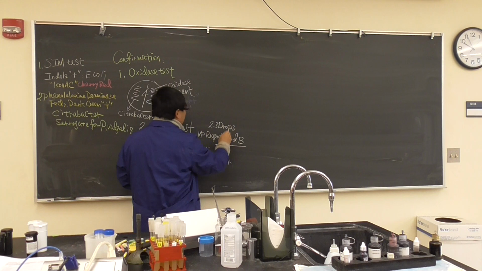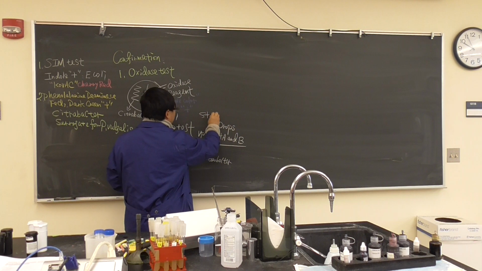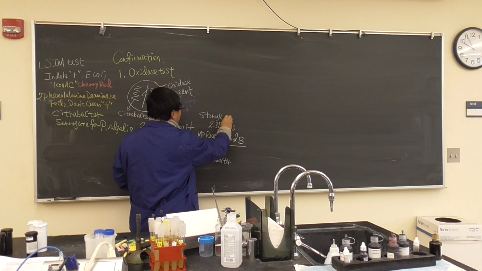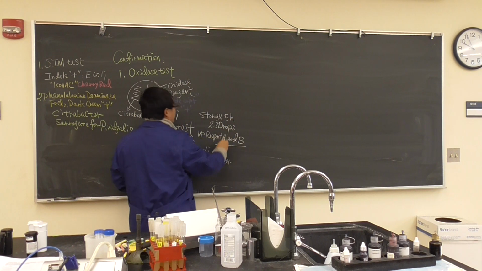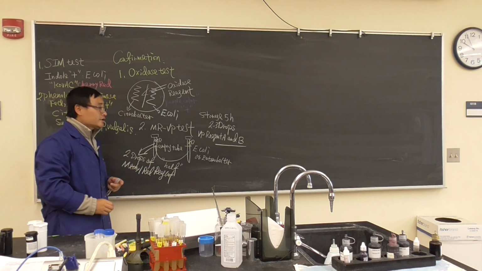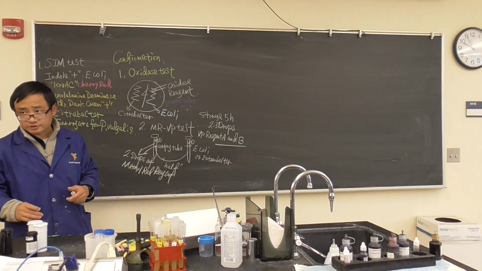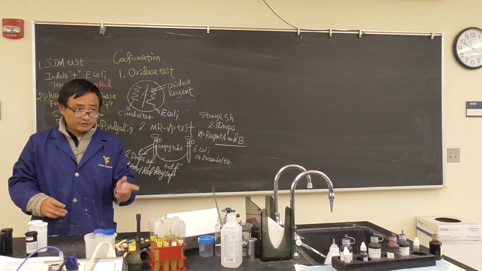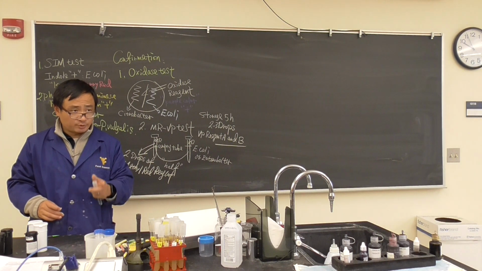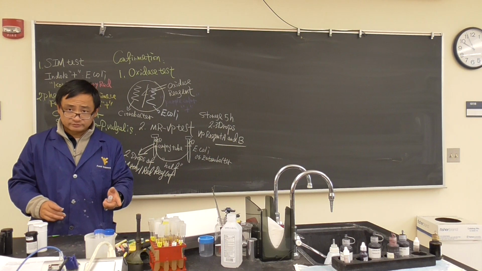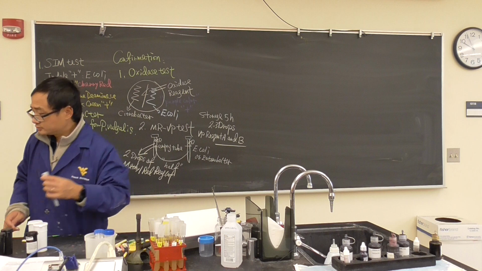And then it will have to be stored for 5 hours, so just leave this in your rack and do the observation on Thursday. Is there any color change? I believe if one of them is pink color, it is positive, otherwise it's negative. So we'll see it, okay?